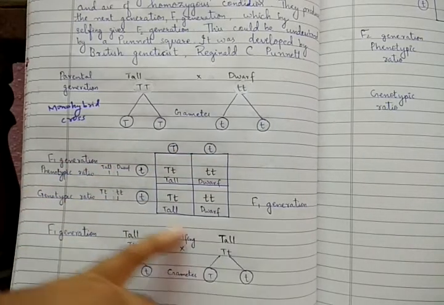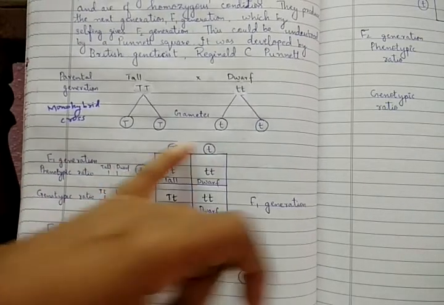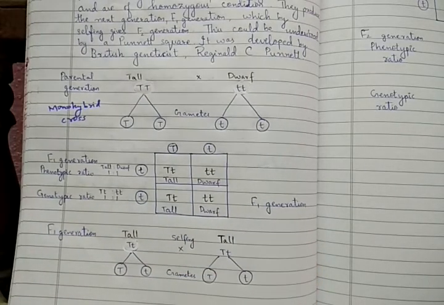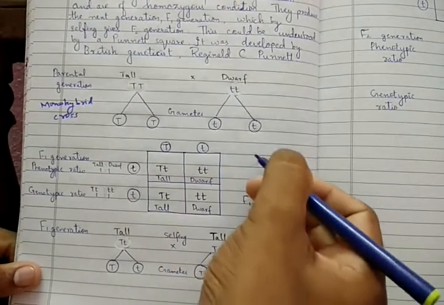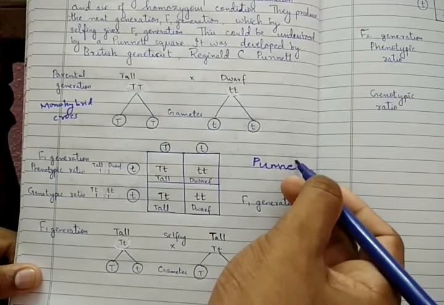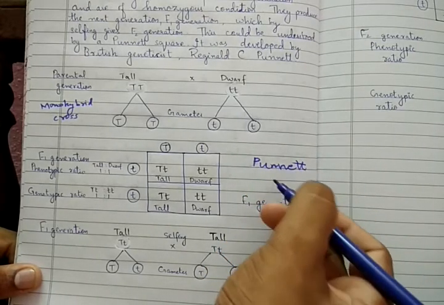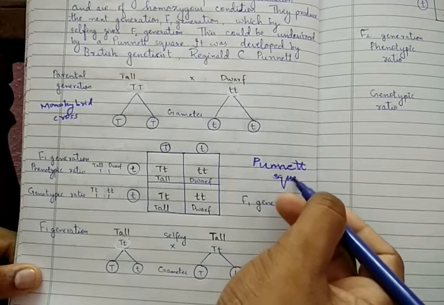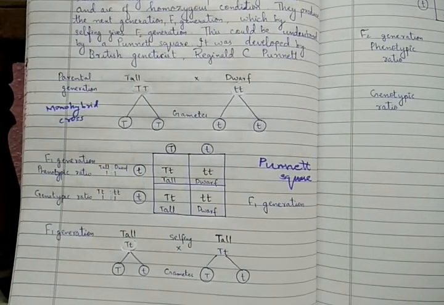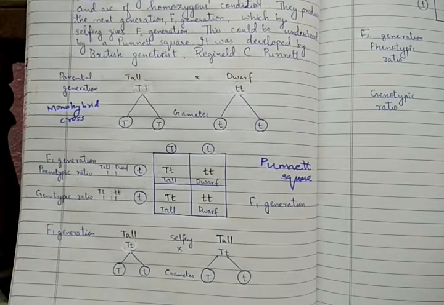That is discussed with the help of a square like structure known as the Punnett square. This here, my friends, is a Punnett square. The Punnett square is nothing but a square like structure which is used to calculate a mathematical probability.